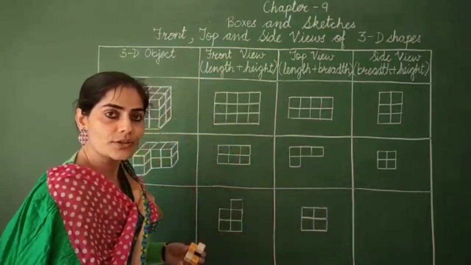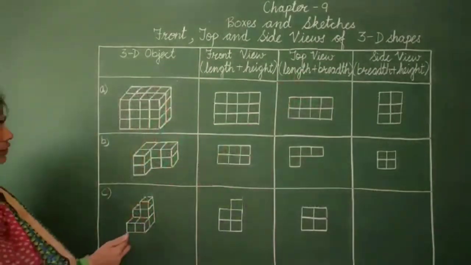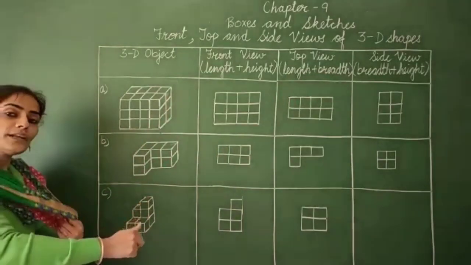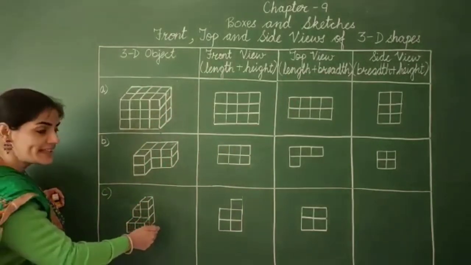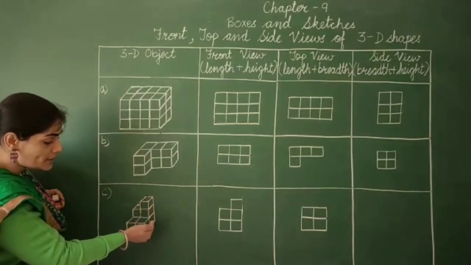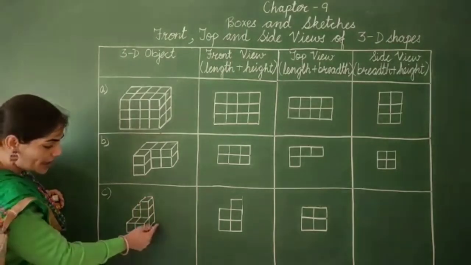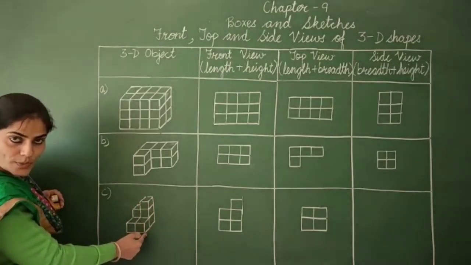Have you all understood? Now let's move to the side view of this object. Now from the side, what will you be able to see? You will be able to see the height and the breadth. Height in this column is 3 and in this one it is 1 only. And there are two boxes this way at the bottom.